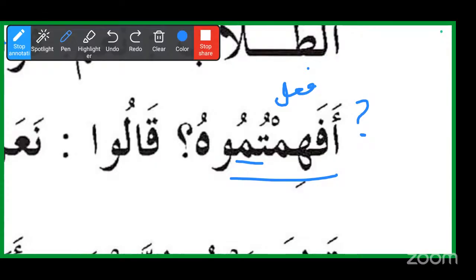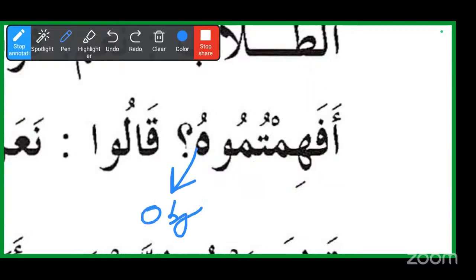So that is why this wow was added to this word, because we had a sakin on mim. So that is why we had afahimtumuhu and not afahimtumhu, right? Did you understand it? It is the object, the lesson, the maf'ul, which is mansub.